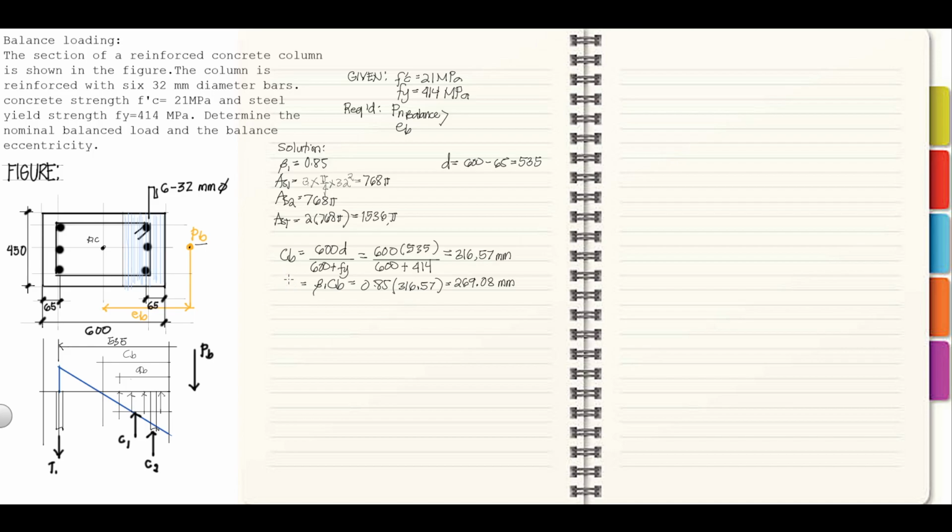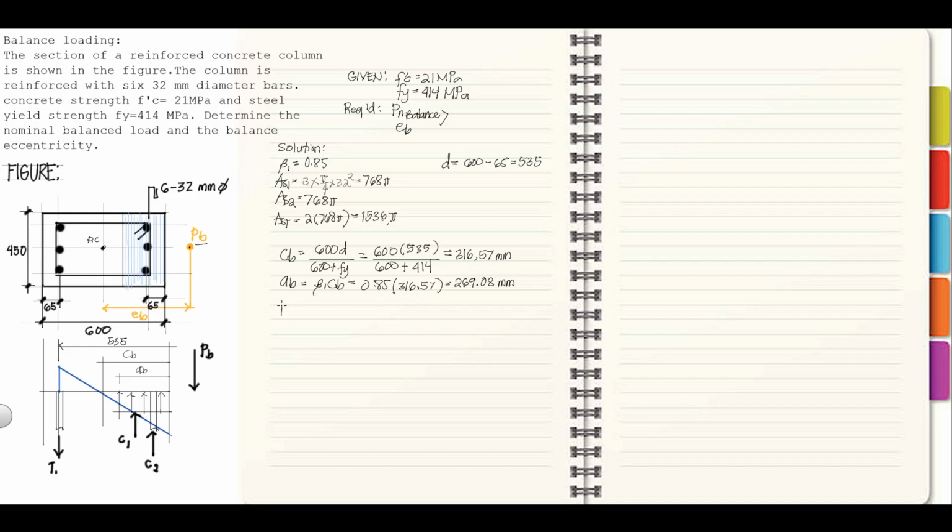Alright? Okay. So next now, we need to check. Okay, so dito sa balance loading class. Okay, sa balance loading, we know na yung stress sa tension steel natin is equal to Fy. Tama ba? Okay, equal to Fy.